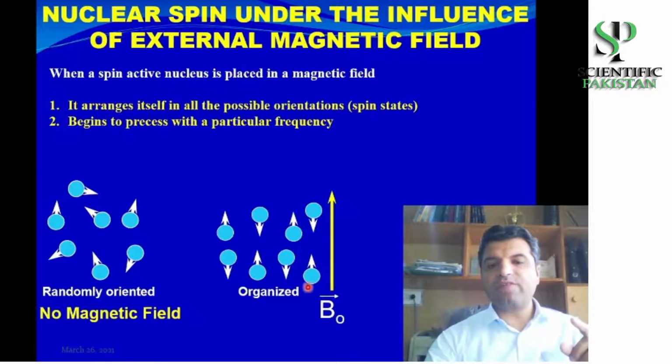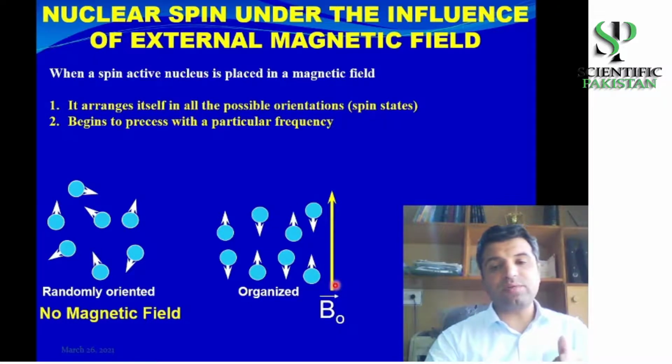Here we have B naught. B naught shows the strength of the applied magnetic field, and we have shown its direction upwards by default. So everywhere in the text, everywhere in the literature, you will find this B naught pointing up. Actually, this magnetic field is surrounding the nucleus from all directions.